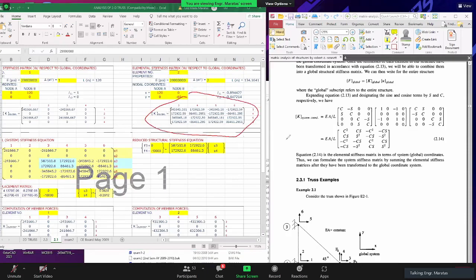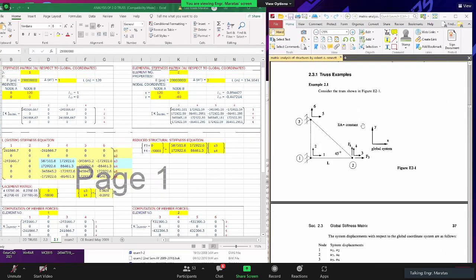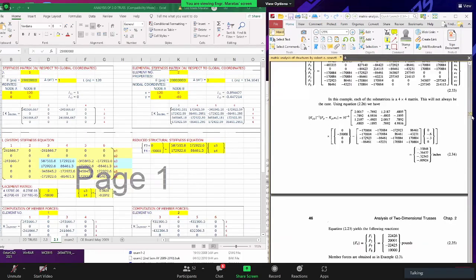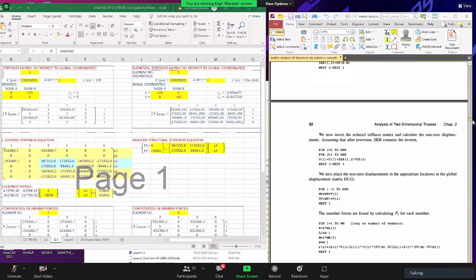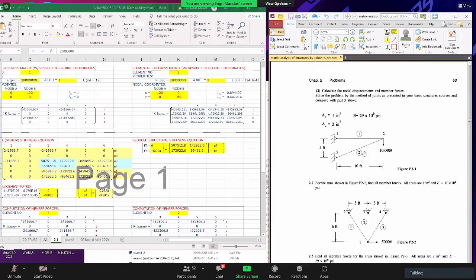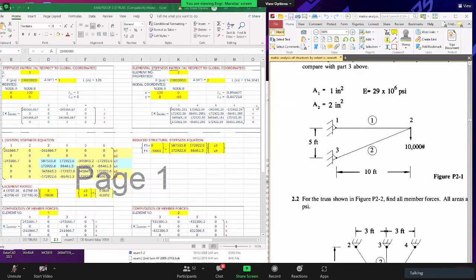Take note of these markers. Element 1 is from node 1 to node 2, so the markers are 1, 2, 3, 4. Node 2 times 2 is 4.